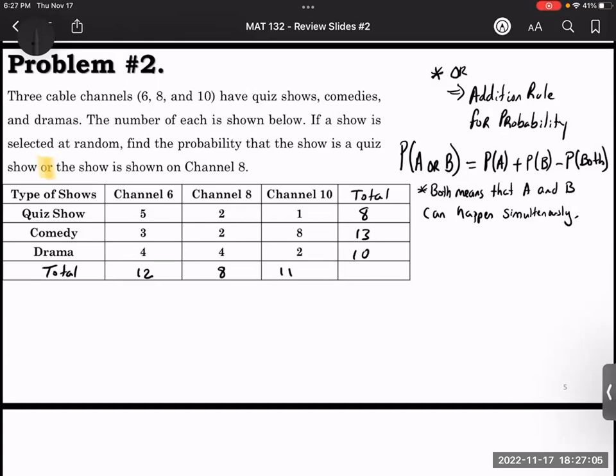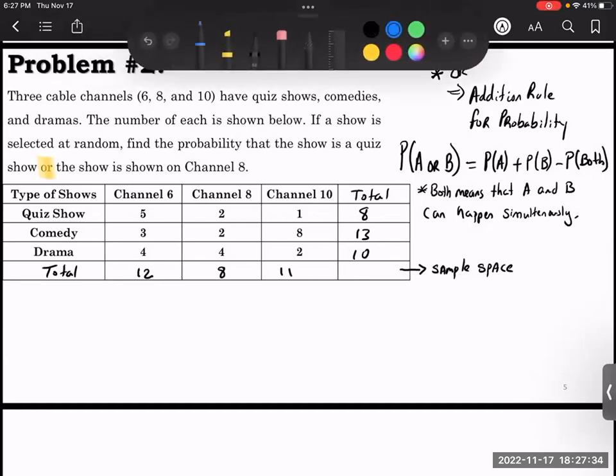Okay, so the last thing to do here is to find your sample space. In this last box, your total of totals, as I phrase it, is pretty much your sample space. Be careful with the sample space. You only add up either the totals from the bottom row or the totals from the last column. Either way, they should add up to the same number.